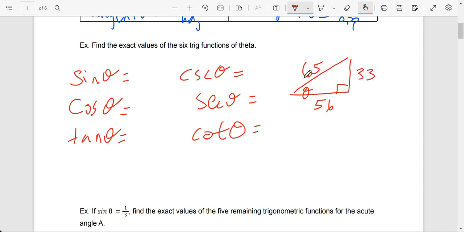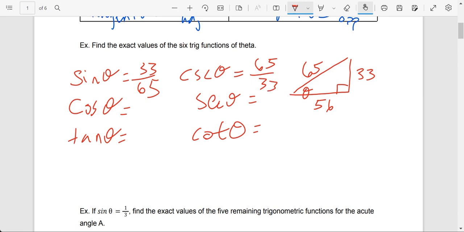So here's our first example. I have a triangle over here to the right. I want to find the exact values of the six trig functions of theta. So sine is opposite over hypotenuse, so that's going to be 33 over 65. What's nice is the cosecant is the reciprocal, so we just flip it: 65 over 33.